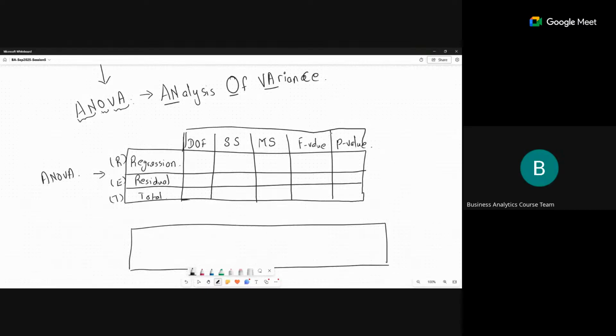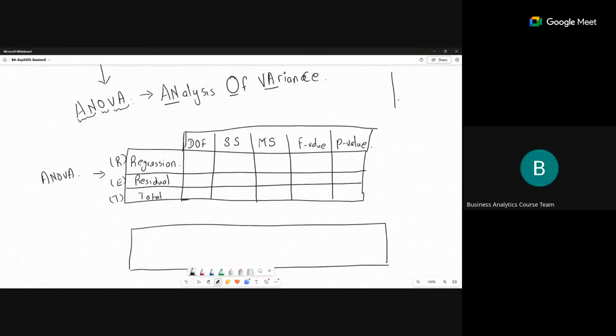Now this is known as analysis of variance. So what are you analyzing? Of the total variance that is available in the data, you're analyzing how much is captured by the regression and how much is sitting in the residuals.